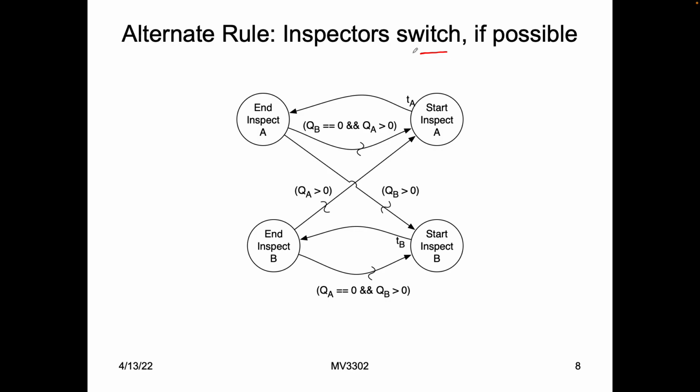Whereas the switching means that I'll roughly have one of each. So the way to capture that is that if I finish an A, then I would actually prefer to schedule a B. So all I need to do is check if there's a B, and I'll schedule a start on A only if no B is available and an A is available. And likewise, if I finish inspecting a B and there's an A available, I will do that. But if there's no A but a B, then I'll do that.